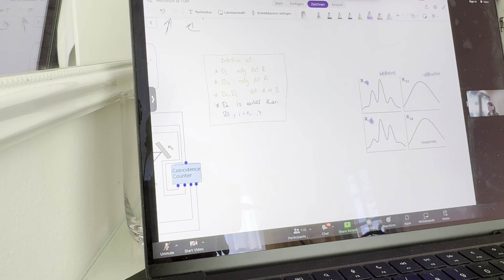And therefore, we did not basically measure the slits, and therefore we have this interference pattern.